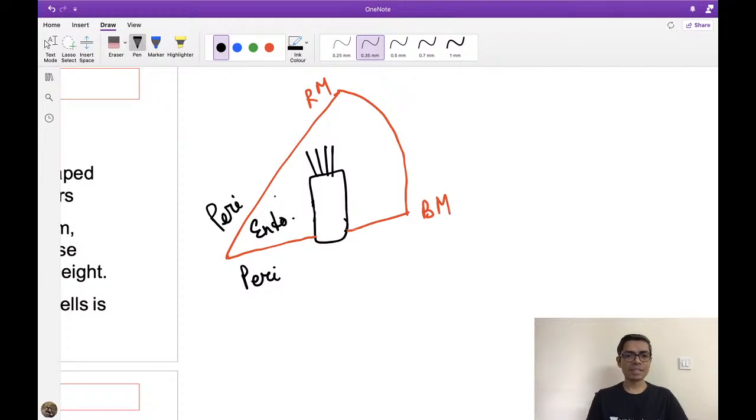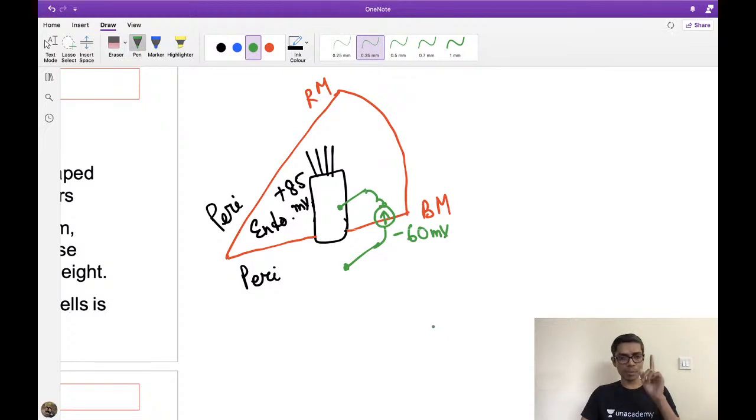Just now we discussed that endolymph has a potential of plus 85 millivolt. Now if I measure the RMP of this hair cell by putting one electrode in the cell and one electrode in the perilymph, connecting a galvanometer in between, I will get a recording of minus 60 millivolt.